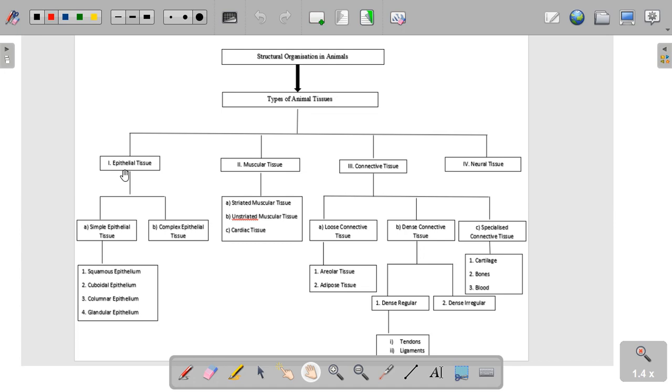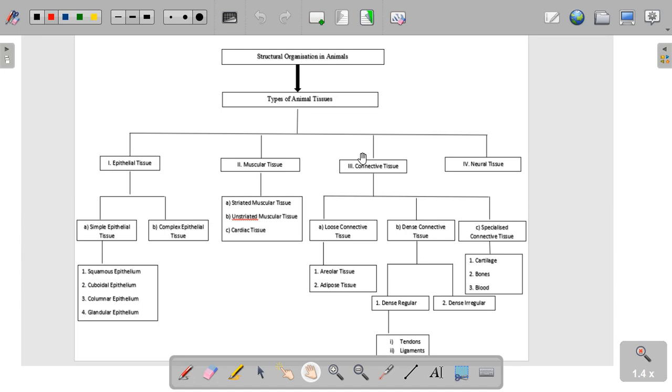And muscular tissues are the tissues meant for providing movement to the body so that we can move from one place to another place. Connective tissue, on the other hand, are the tissues which do the connection between organs or bones, you can say. There are a variety of them which we'll discuss later.